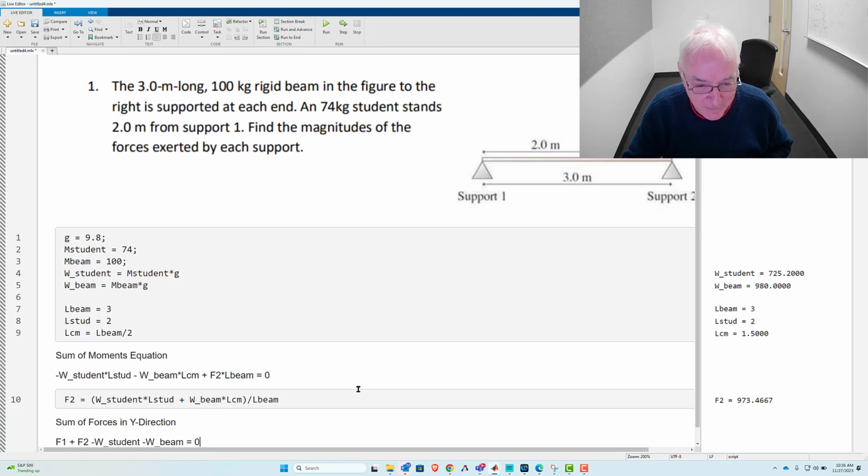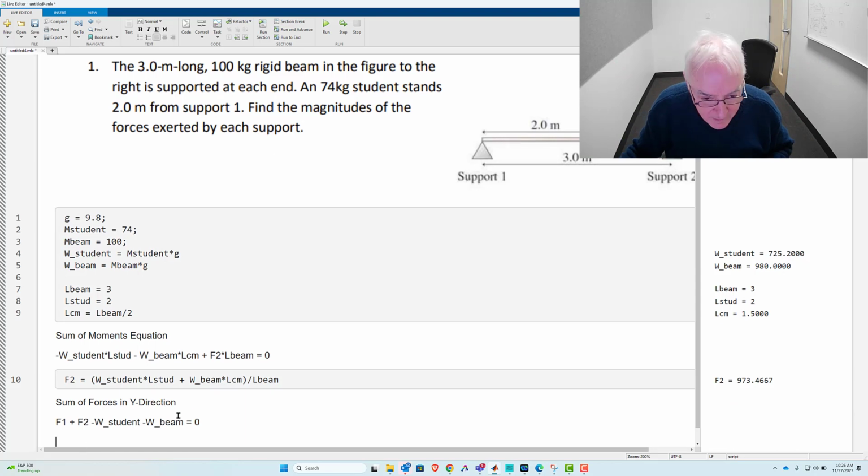All right, so that's what statics is all about. Right? And so let's take this equation and solve for the unknowns.